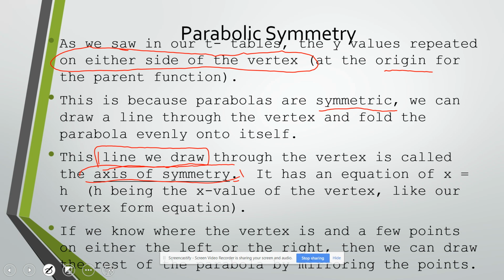It has an equation of x equals h, and h is the x value of our vertex. If we know where the vertex is and a few points on either the left or the right, then we can draw the rest of the parabola by mirroring the points.